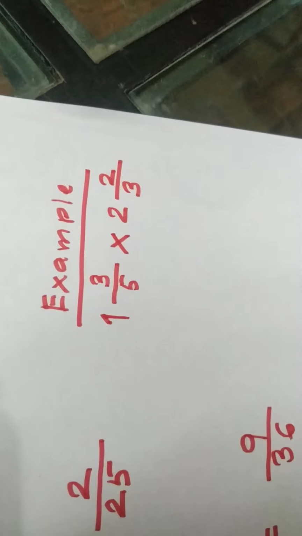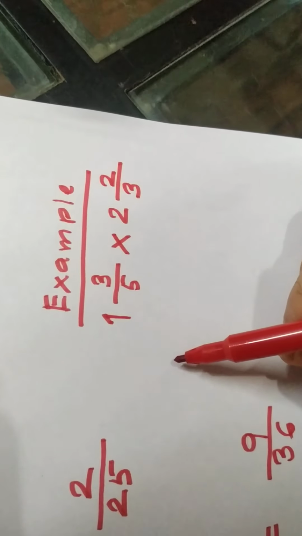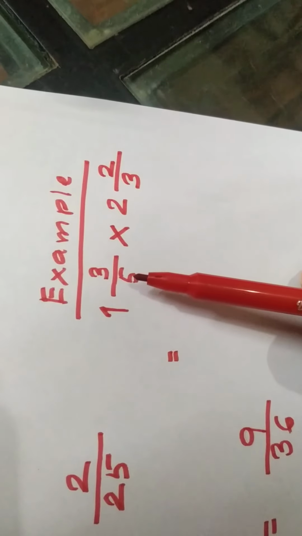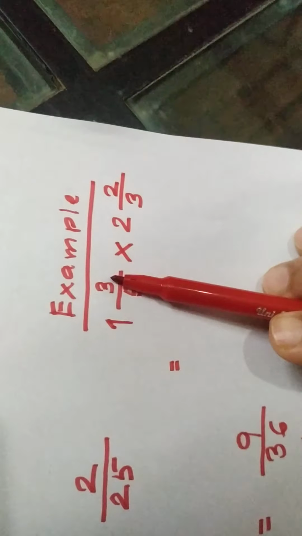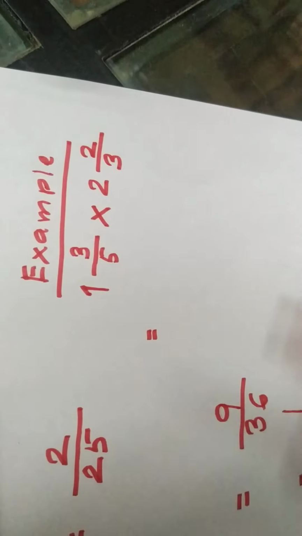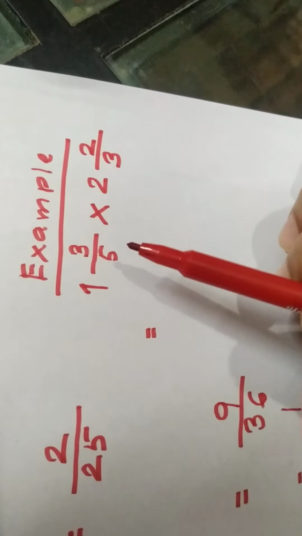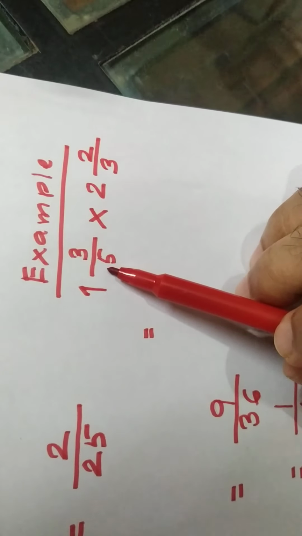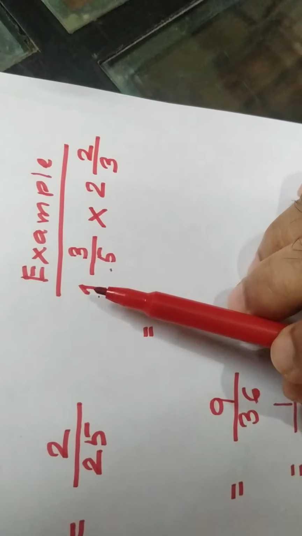Now how to tackle this example? The first thing that we must do is express all the mixed numbers as improper fractions. So let us do that. We have to multiply 5 times 1, then add 3.